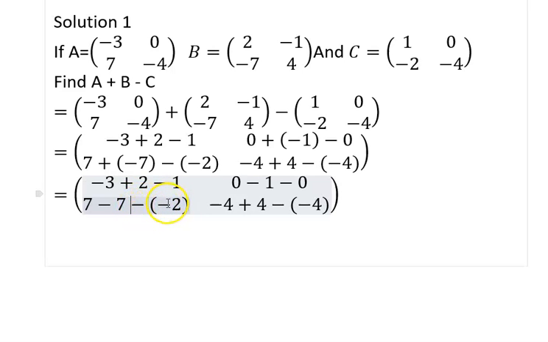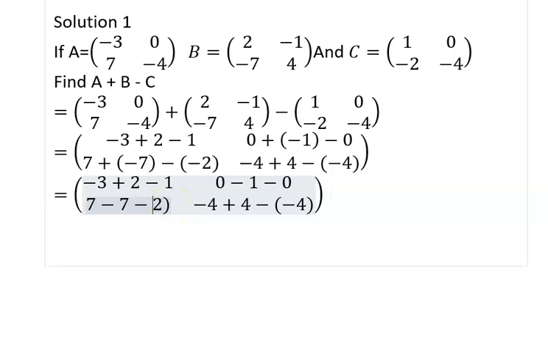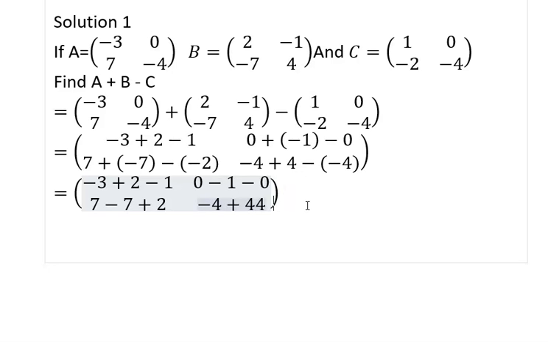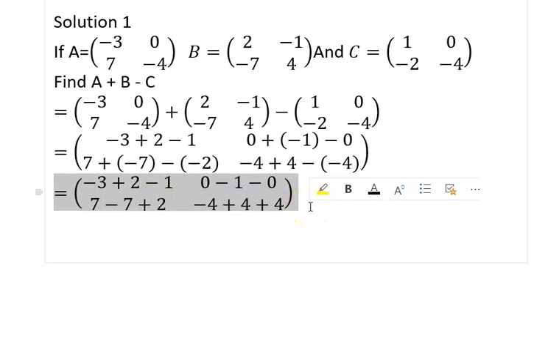Minus times minus here will give us plus. Minus times minus here will give us plus. And lastly here, minus times minus will give us plus.